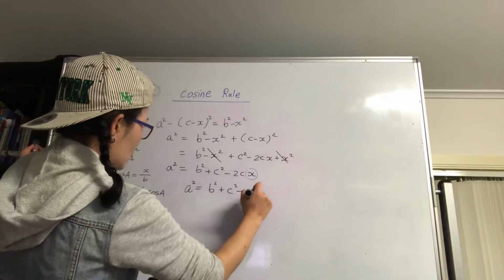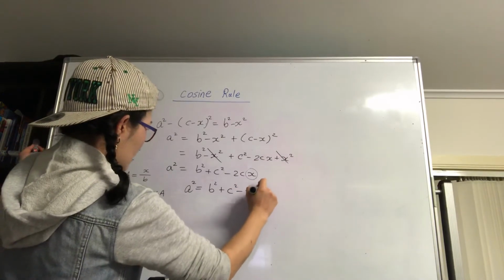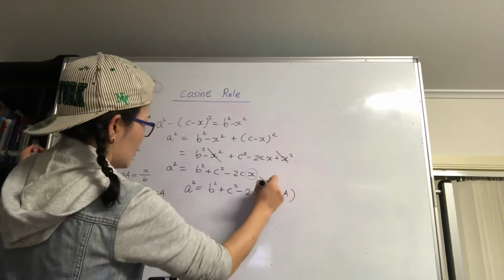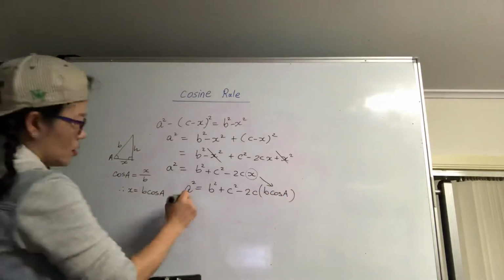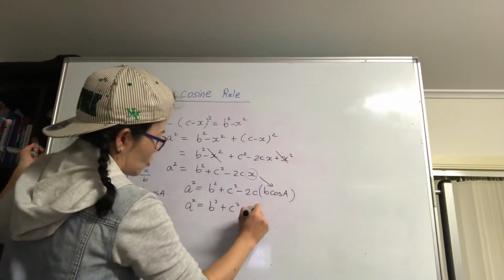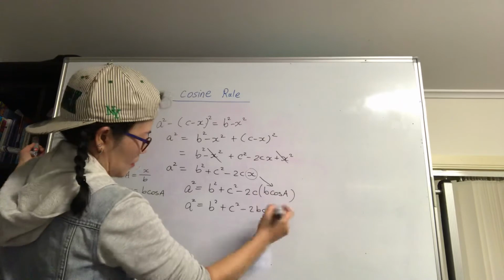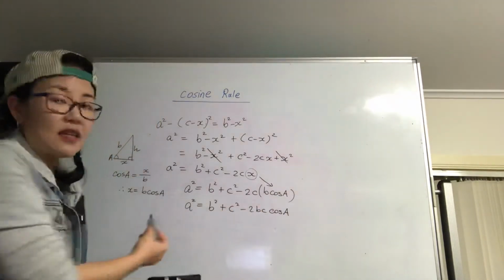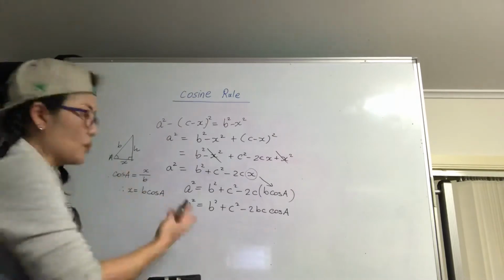So 2C and then B cos A. Okay, so that just changed it. I'm just going to write it a little bit nicer, in terms of 2BC cos A. So now that is actually the cosine formula.